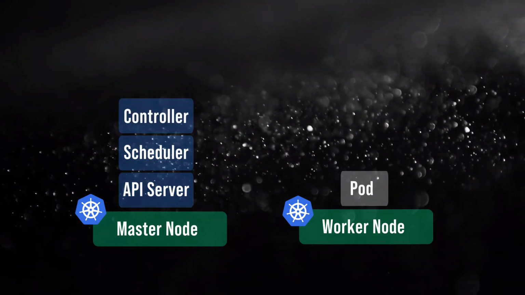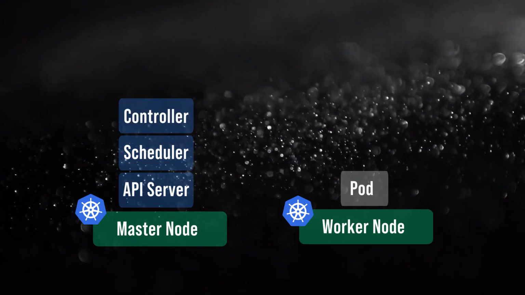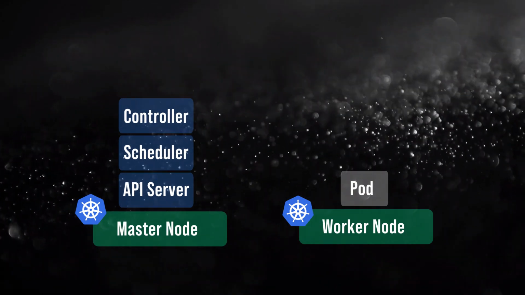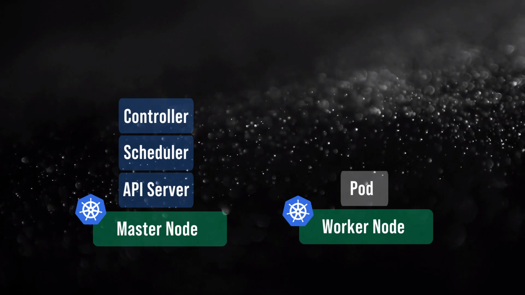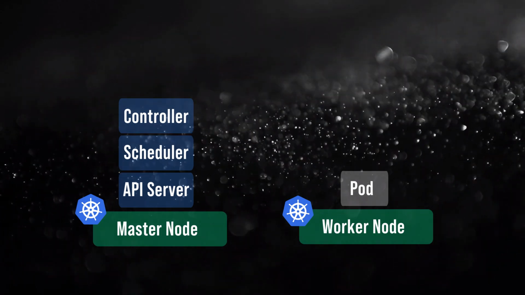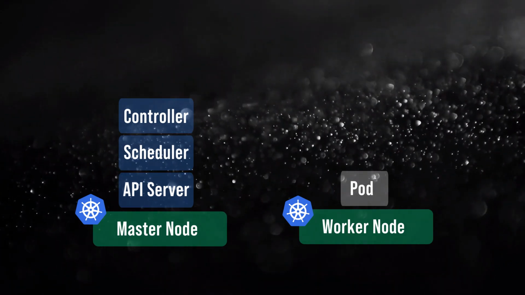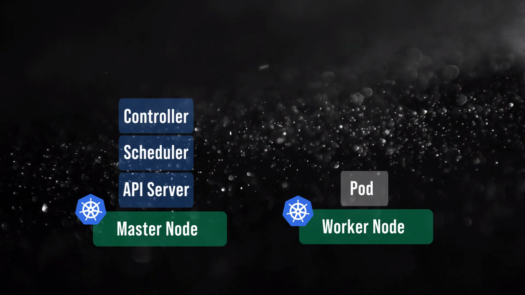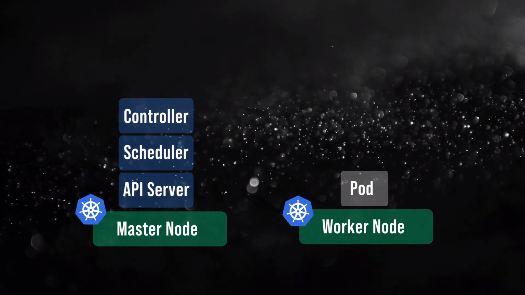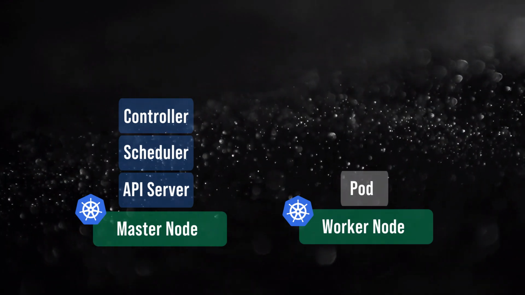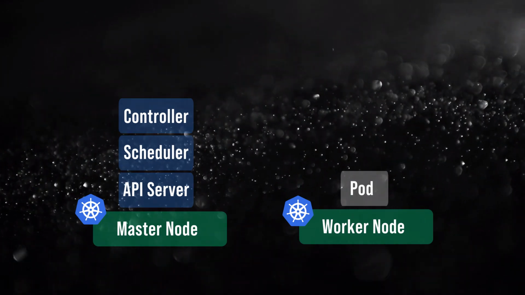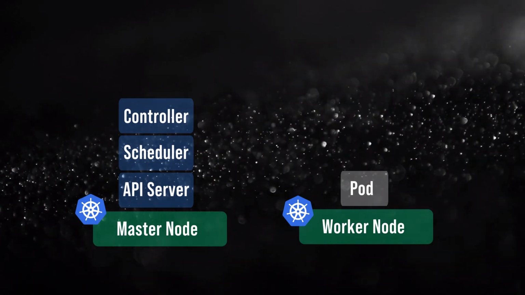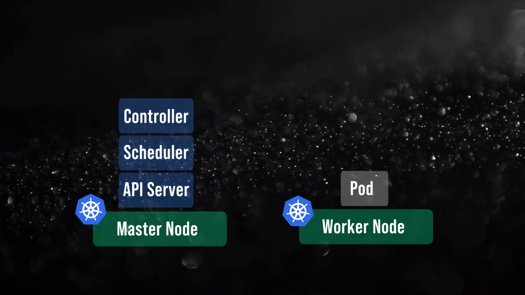The controller manager is a critical component responsible for running various controllers that regulate the behavior of the cluster, ensuring that its current state matches the desired state defined by objects in the Kubernetes API. The controller manager manages various aspects of nodes, such as observing newly registered nodes or taking action when nodes become unreachable, and ensures the desired number of pod replicas for a service are running at all times.